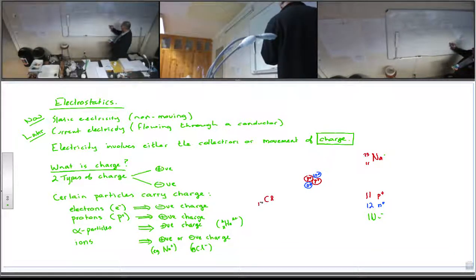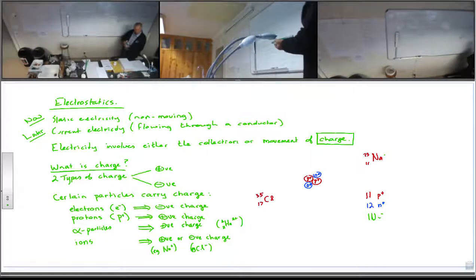Let's do the same exercise for Cl minus. Cl is 17, and let's write 35 up there. Right, what has that got? How many protons does it carry? It carries 17 P positive protons. How many neutrons? 18 neutron neutrals.